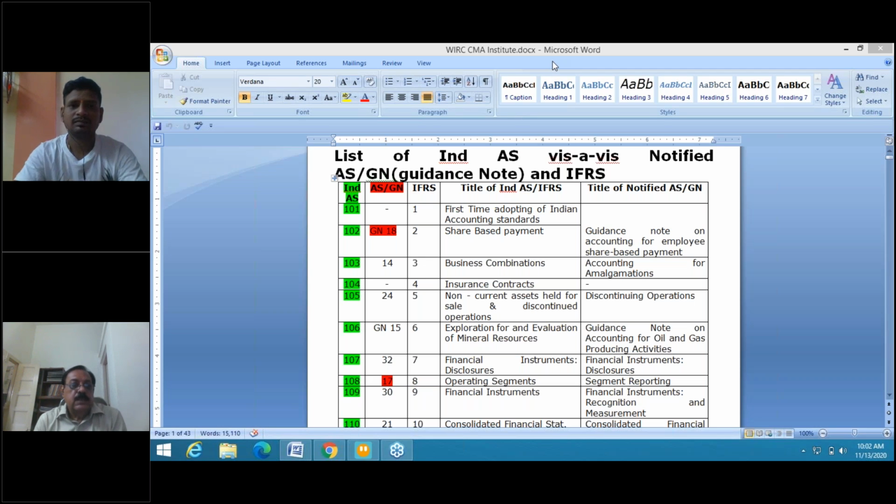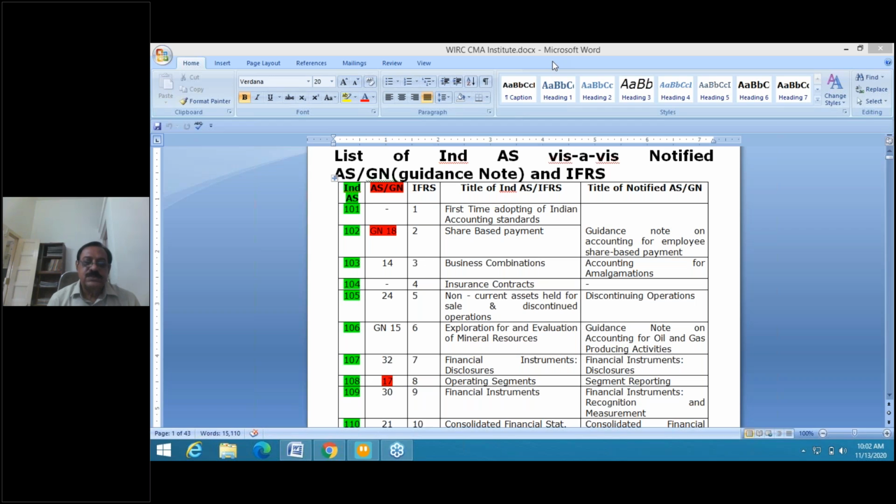Okay. Good morning, friends, and happy Dhanteras, everybody. I'm starting today with revision on certain accounting standards and Ind AS. So just now there is a list of AS and Ind AS.